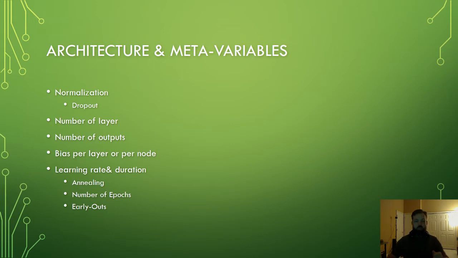Normalization helps with it. Dropout's a more advanced version of normalization, where instead of just penalizing large weights, you randomly turn off nodes throughout the network so that the network doesn't become over-dependent on any specific feature activation.